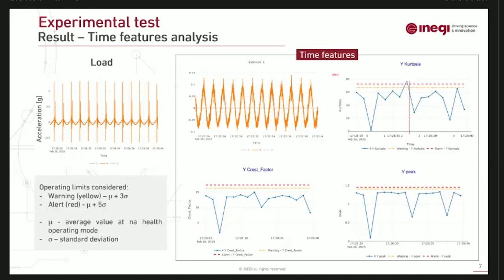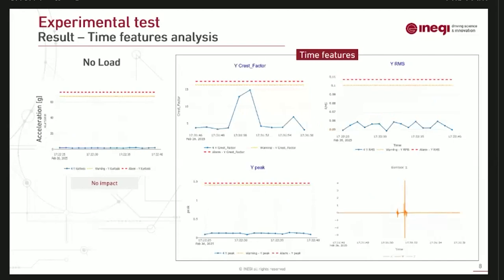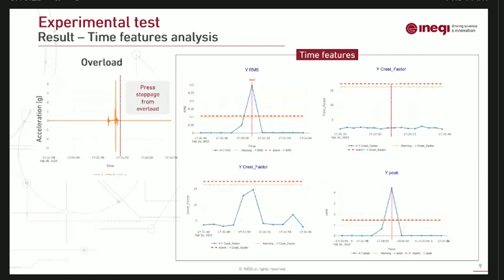In the loading condition, there might be an alert or two, but it is in good condition. Then if we go to the no load, we see that the values are very low and far away from the reference. And when we see the overload, we actually see a spike over the limits that would be expected.